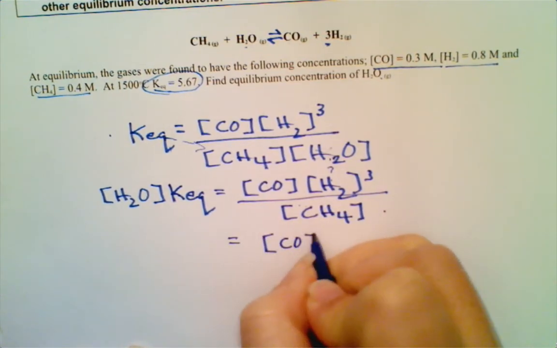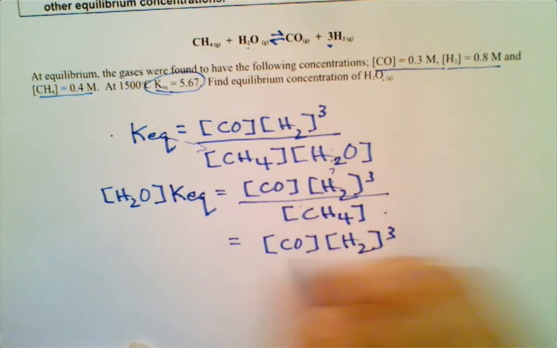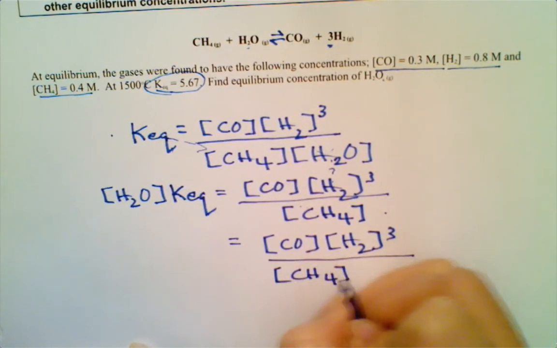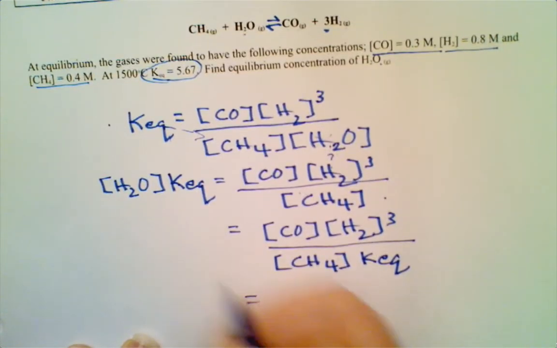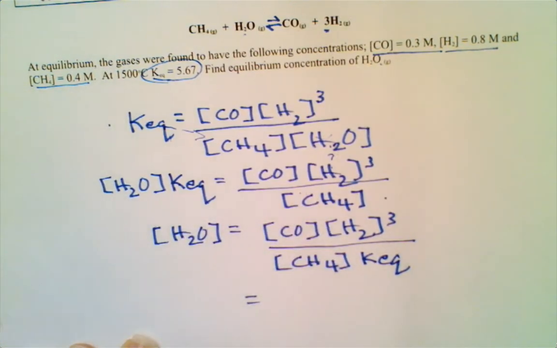So now I can start to substitute in what I do know. So I'm going to just write that. Okay, plug in all of your values, and then that way you've got water's concentration, what you're solving for.